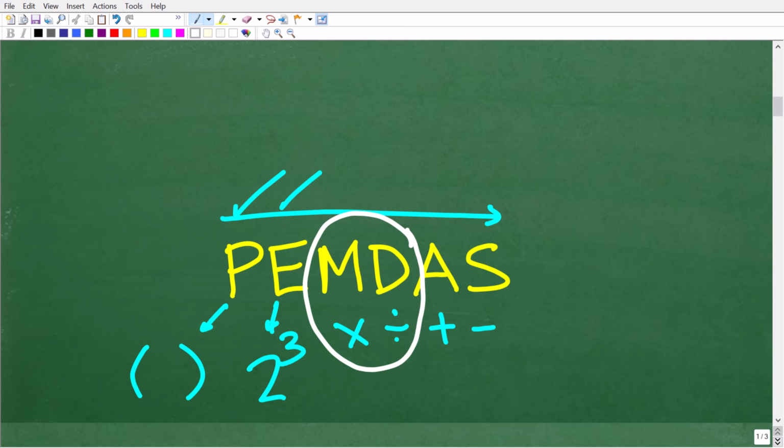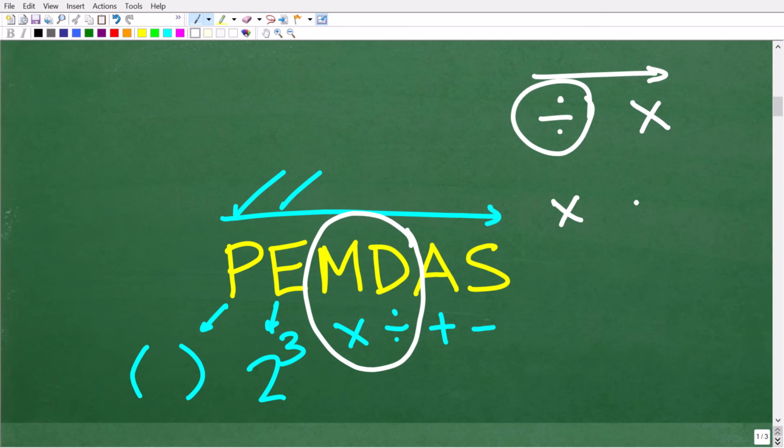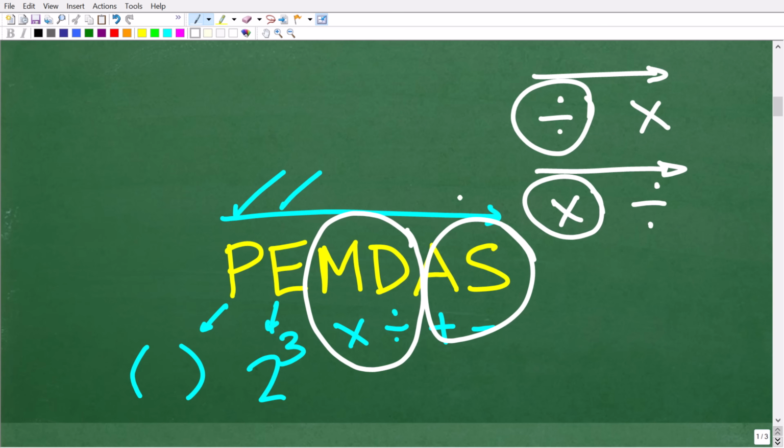If you have multiplication and division, you're going to do whatever you see first from left to right. For example, if you have division and then multiplication in your problem from left to right, you're going to do the division first. But if you have multiplication and then the division to the right of the multiplication, you're going to do the multiplication first because it's what you see first from left to right, and addition and subtraction work the same way.